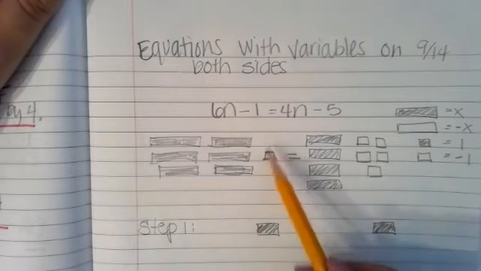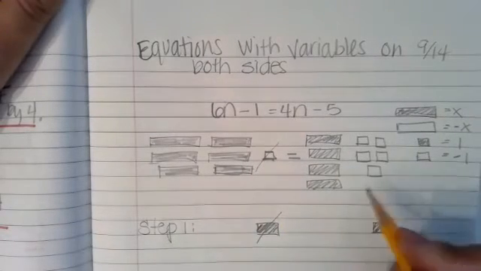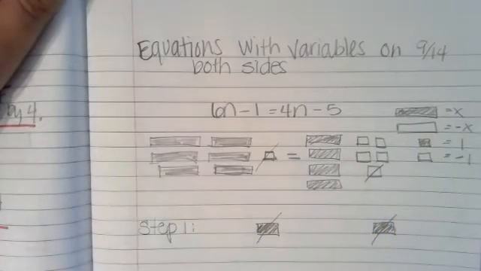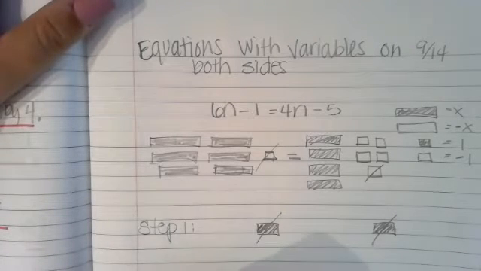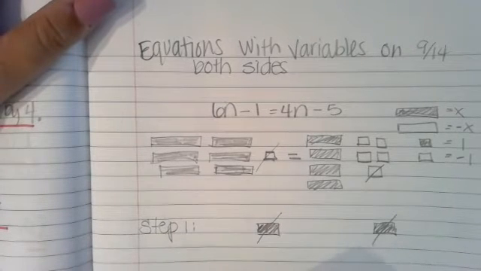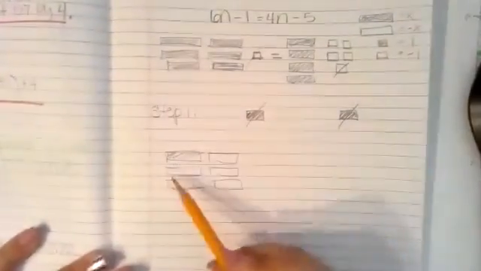When I do that, this and this create a 0 pair, and this creates a 0 pair. So now I'm left with 6n. Again, these are shaded because they are positive.